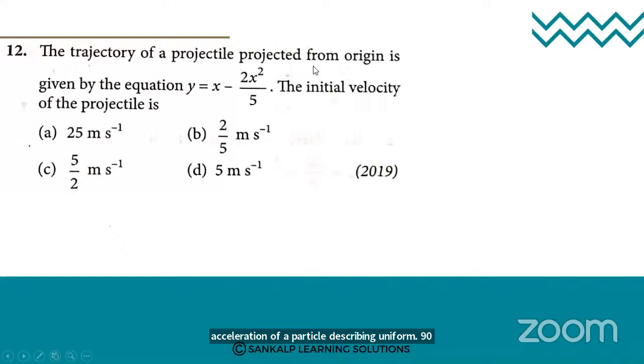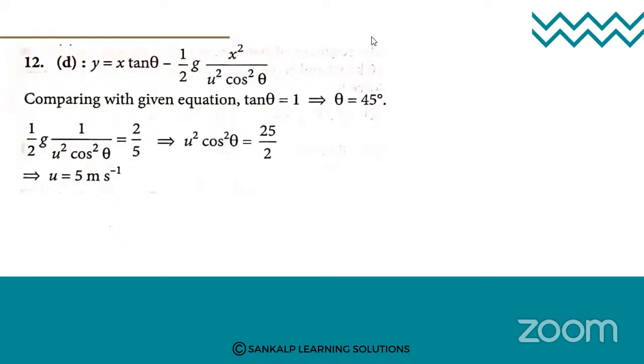The next question: the trajectory of a projectile projected from origin is given by the equation y is equal to x minus 2x square by 5. The initial velocity of the projectile is. You can compare the given equation with the standard equation of a parabola, y is equal to x tan theta minus half g x square by u square cos square theta.